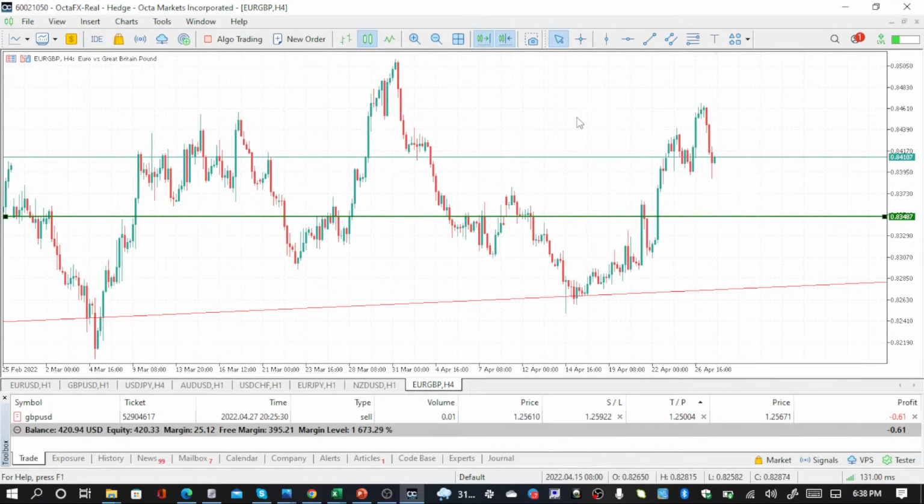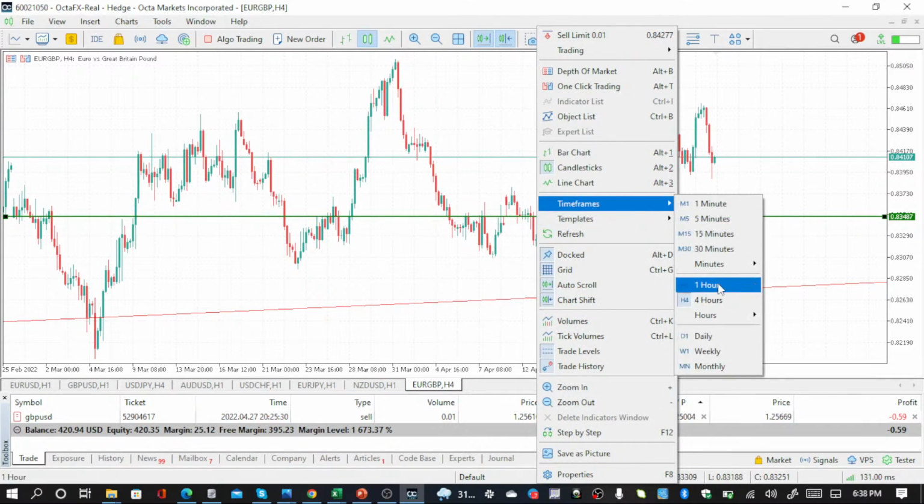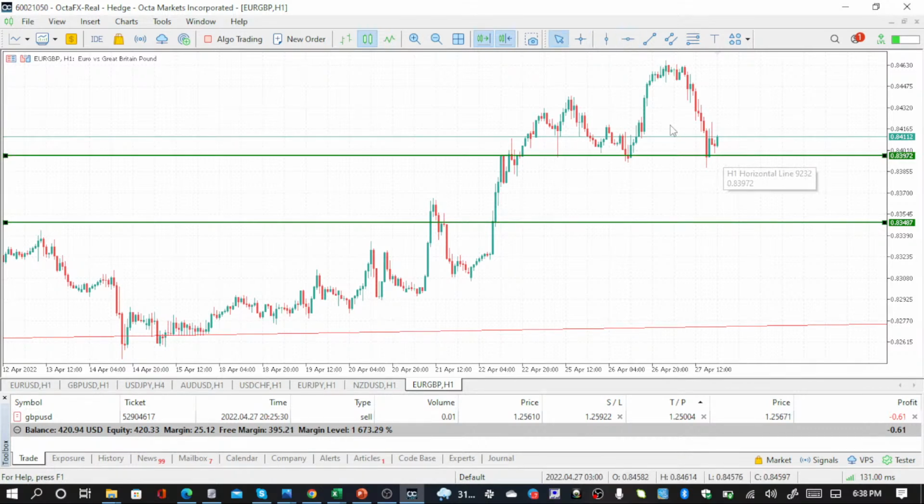If we look at what the 1 hour time frame is telling us now, from here you can see some other minor support and resistance levels.